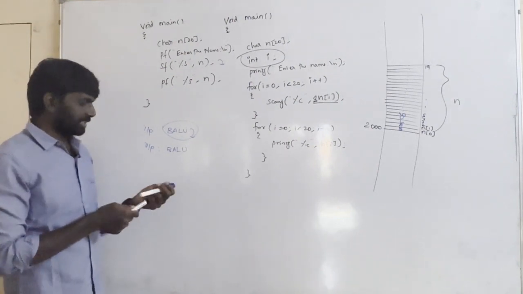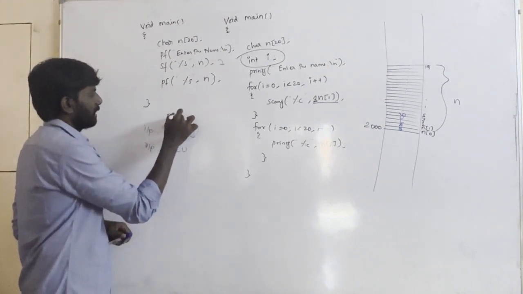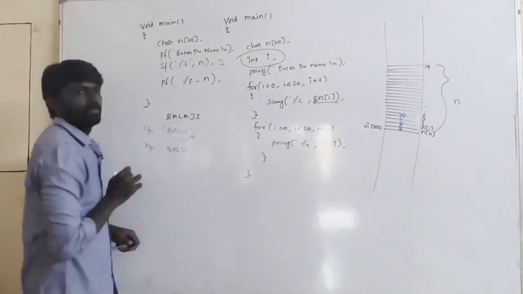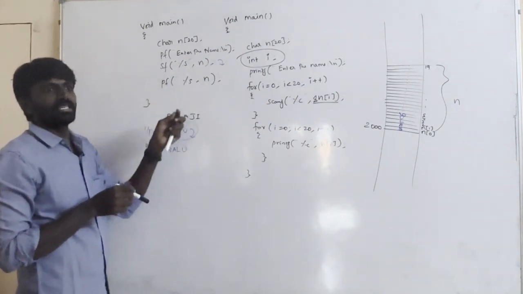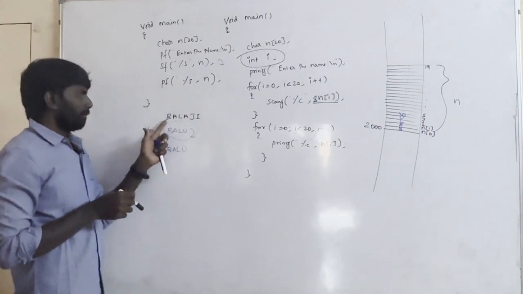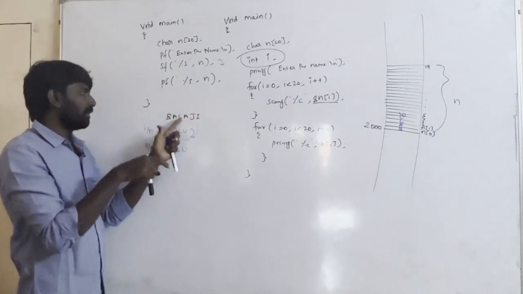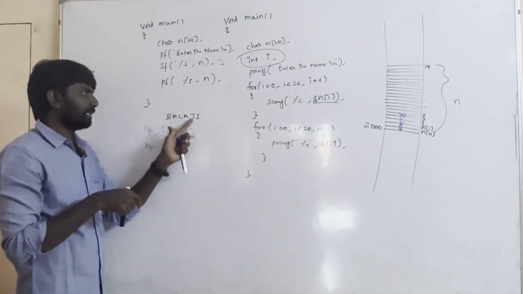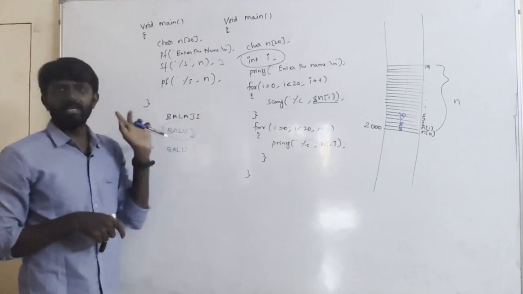Suppose the user is giving the name as Balaji during the scanf. B will be stored in 2000, A will be stored in 2001, L in 2002, and so on through 2005, and at 2006 the \0 will be added.